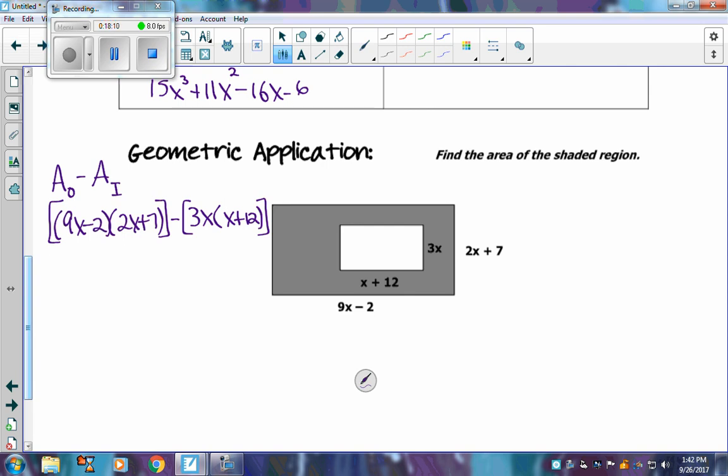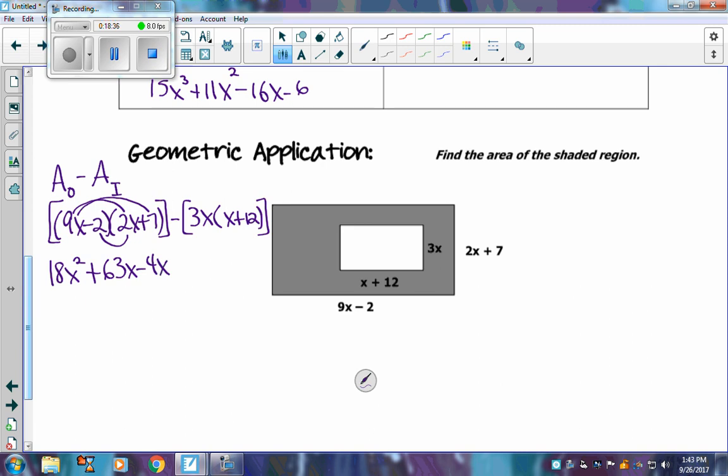All right, now we're going to multiply this using FOIL method or distributing, same thing. 9x times 2x. Okay, and then what's next? 9x times 7. Okay, and the next? Yep.